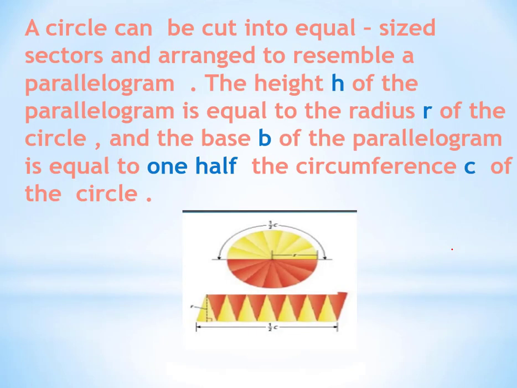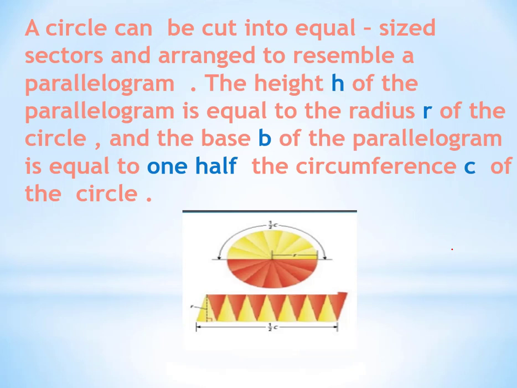Okay, let's now define how we can find the area of a circle. The area of a circle is the shaded part inside the circle. That's the area of the circle. So I want you to do this activity with me. We'll do it also in our class, and I want you to do it at home also.